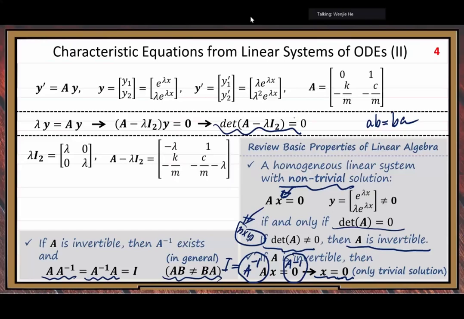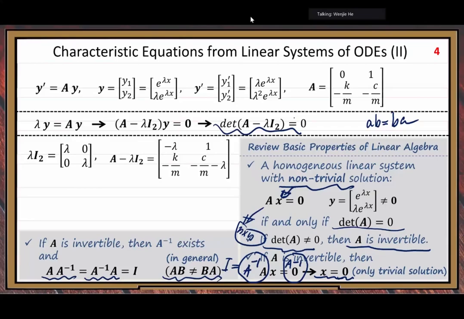Now we need to calculate the characteristic determinant of A minus lambda I. On the diagonal entries, remember A is 0, so 0 minus lambda, and this entry, negative c over m minus lambda.